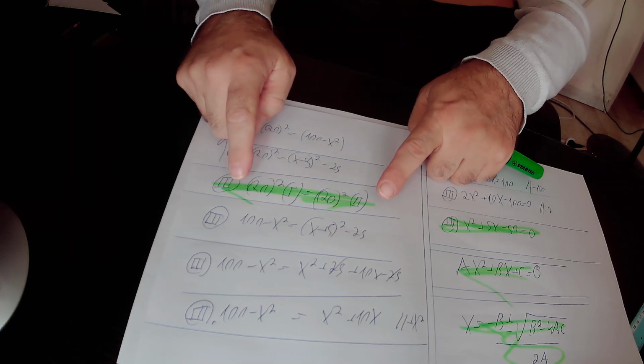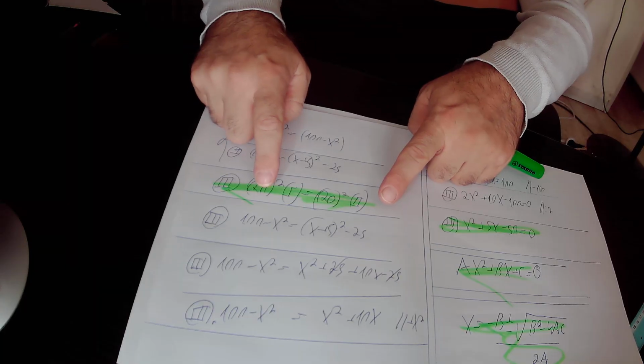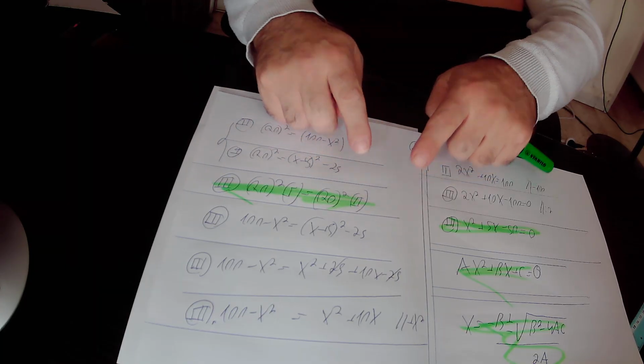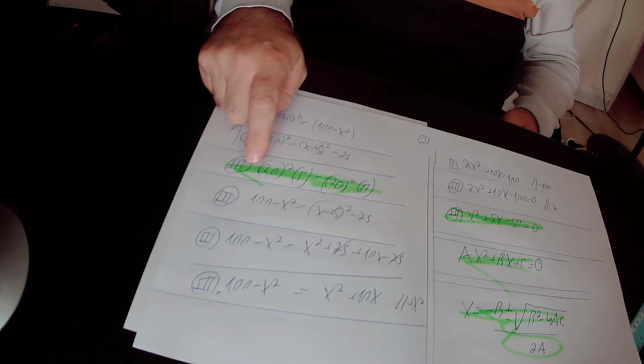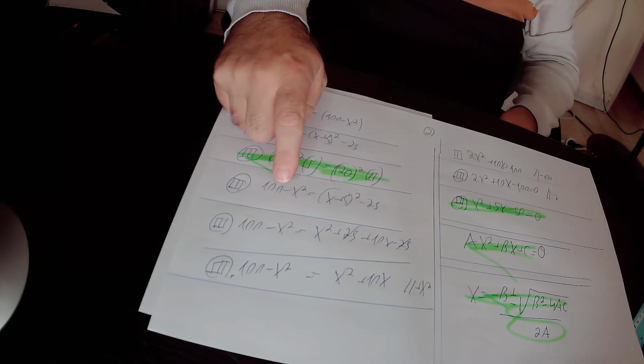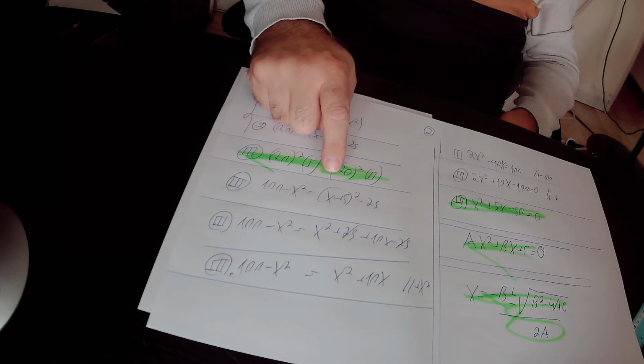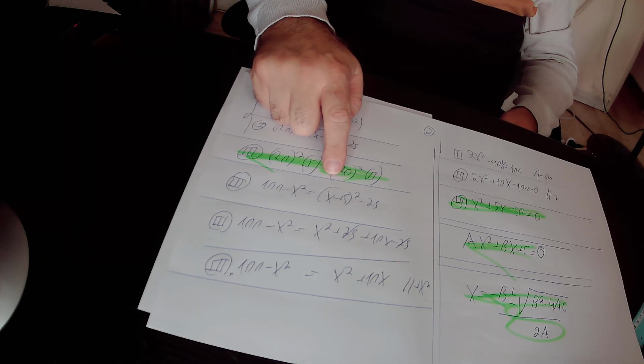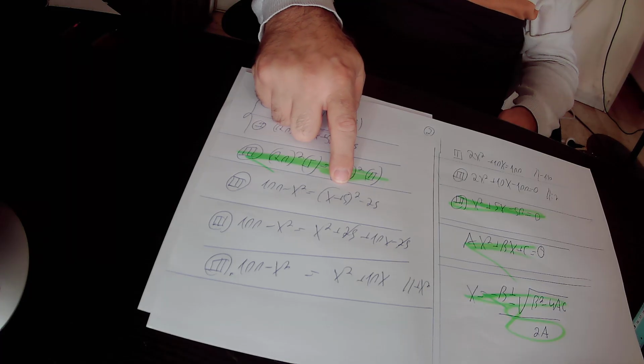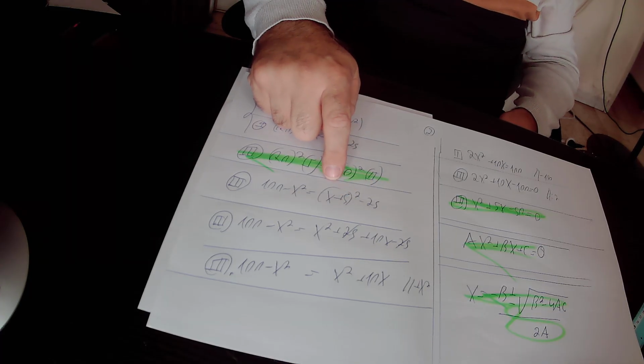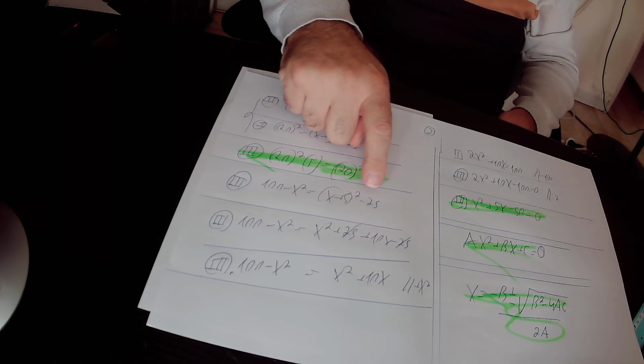So in total, according to equation 3, we found that 100 minus x squared equals x plus 5 squared minus 25. Here we open the brackets of this expression and find that x plus 5 squared equals x squared plus 5 squared, that is 25, plus 2 times x times 5, that is 10x, minus 25.